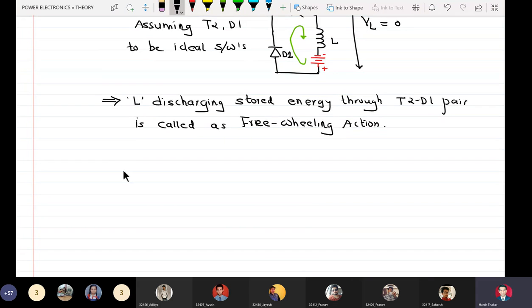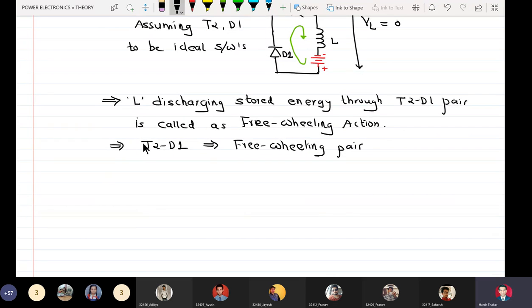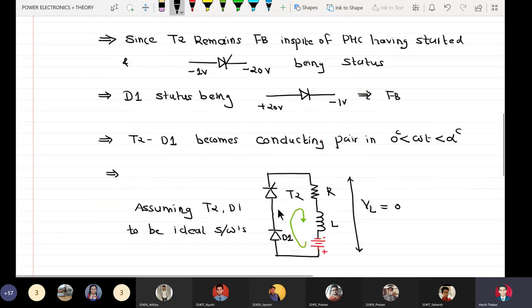Okay, so we can say that T2 D1 is called as freewheeling pair. One thing please note: whenever the subscripts of thyristor T and diode are different, it is called as freewheeling pair, and whenever the subscripts are same, it is called as rectifying pair.